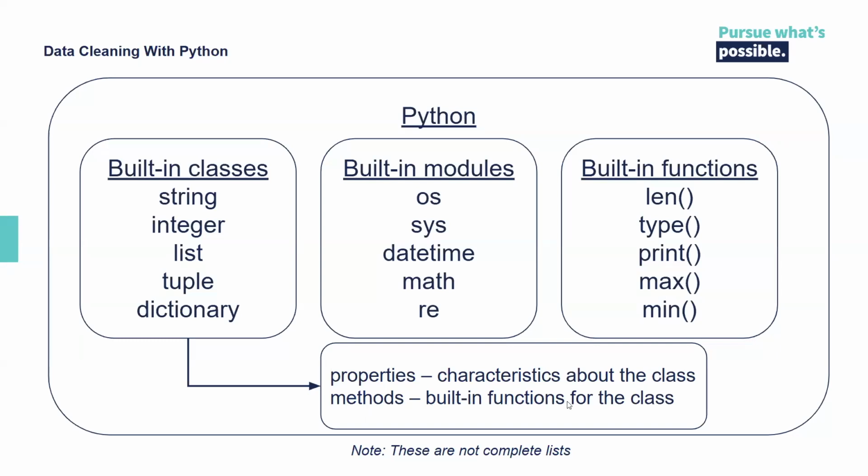Then there's methods, which are built-in functions for this class. So again, they are things that are actually doing the work within the script. They're processing instructions, but they are associated with these classes in particular. So for example, the string class will have its own set of functions that strings are able to do for themselves.